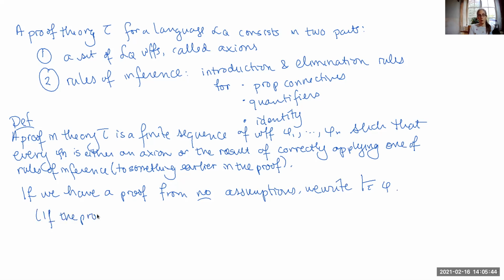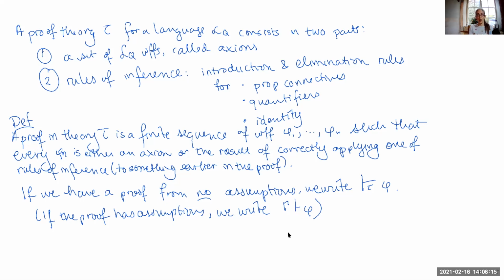If the proof has assumptions, say they are all the formulas in some set gamma, then we write gamma, so the set of our assumptions on the left-hand side, then the single turnstile, and then the phi. Now, when no ambiguity will result, because, for instance, we're only working in one proof theory, we won't always continually write the T underneath. We will just write the single turnstile.